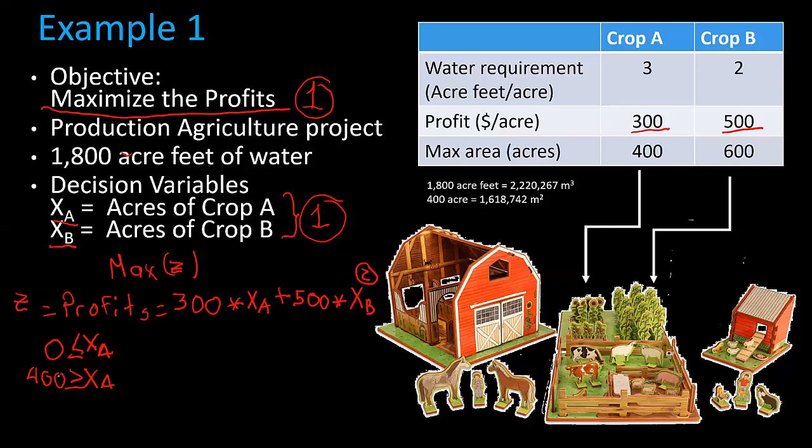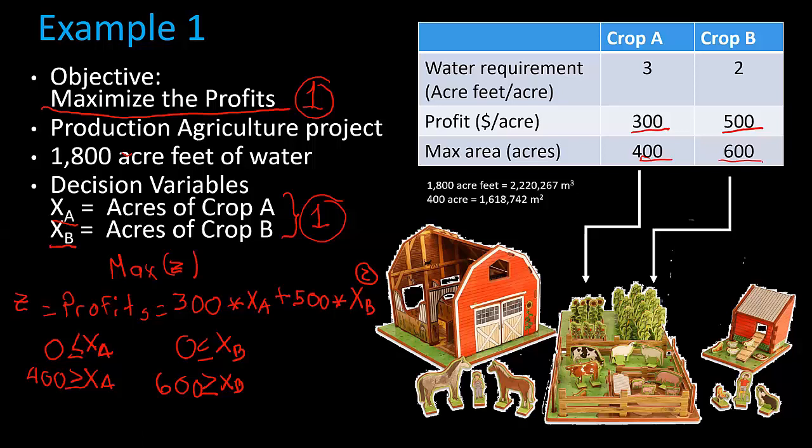We can do the same for crop B. The acreage of crop B has to be greater or equal than 0, and XB has to be less or equal than 600. Okay, so that's how we're including this portion here.